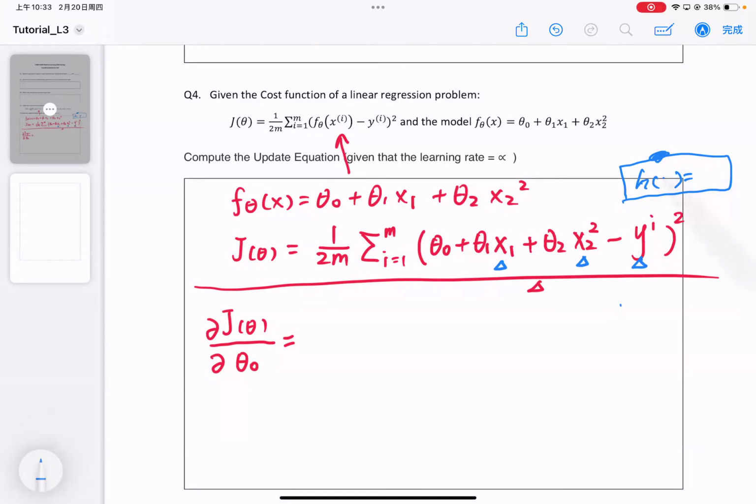Let's say we have another function, h(x) equal to x squared. You can regard this as that kind of equation, because all other things are constants. So we can regard this as h(theta) equal to theta squared. When you're doing the derivative, firstly you calculate the derivative of this part. What is the derivative of this part? This is 2 theta 0.